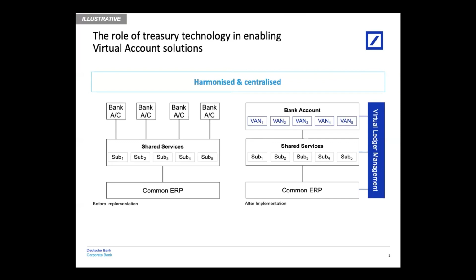As a result, there can then be one account statement per virtual account number, which is then, and now we're talking about the middle part, passed on to the shared service unit, and it's the shared service unit which would process these bank account statements at the level of the individual virtual account numbers for reconciliation purposes.